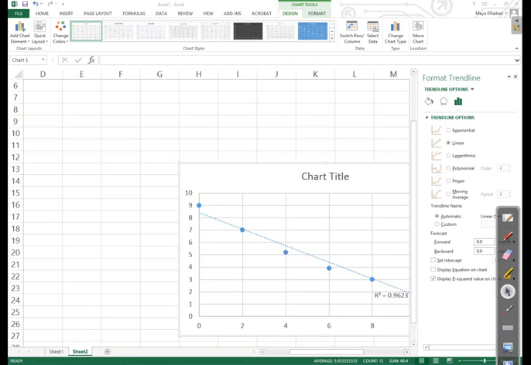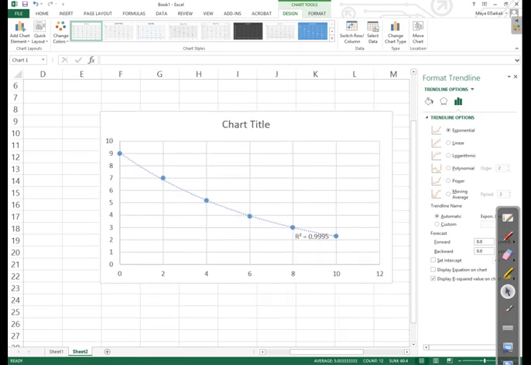Now, I'm going to pick polynomial with a degree of 2. It's 0.997. So that's even better. I'm going to pick exponential. 0.99. So it looks like here the quadratic is a better fit. You see that? But in my table of values, it looks like exponential is a better fit.